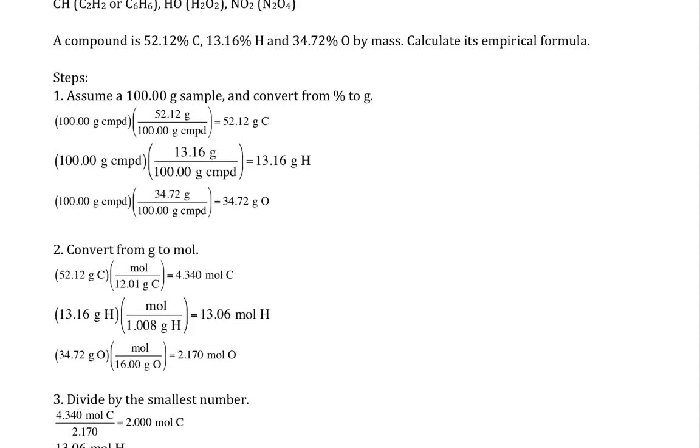So 52.12 grams of carbon divided by the molar mass of carbon gives us 4.340 moles of C. 13.16 grams of H divided by the molar mass of hydrogen gives us 13.06 moles of H. 34.72 grams of O divided by the molar mass of O gives us 2.170 moles of O. Now, those numbers are showing us the mole ratios between the carbon, the hydrogen, and the oxygen. But they're not whole numbers.